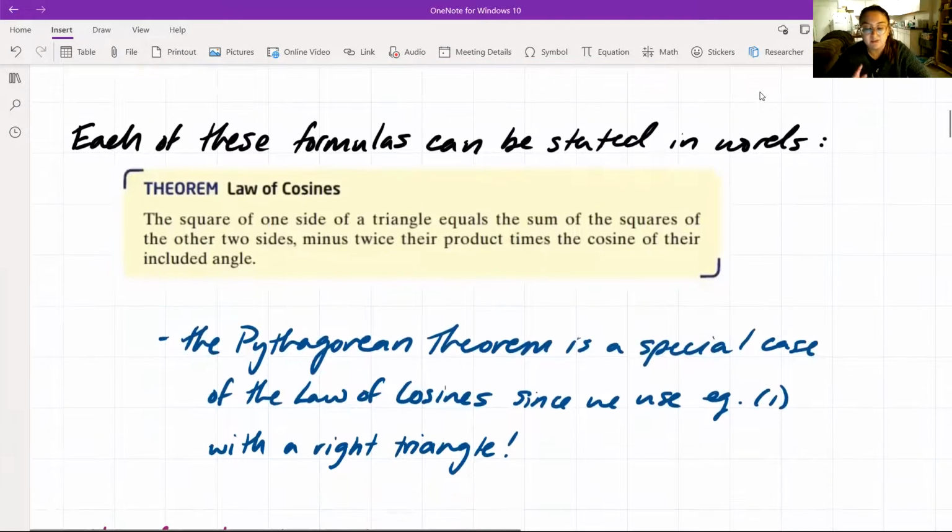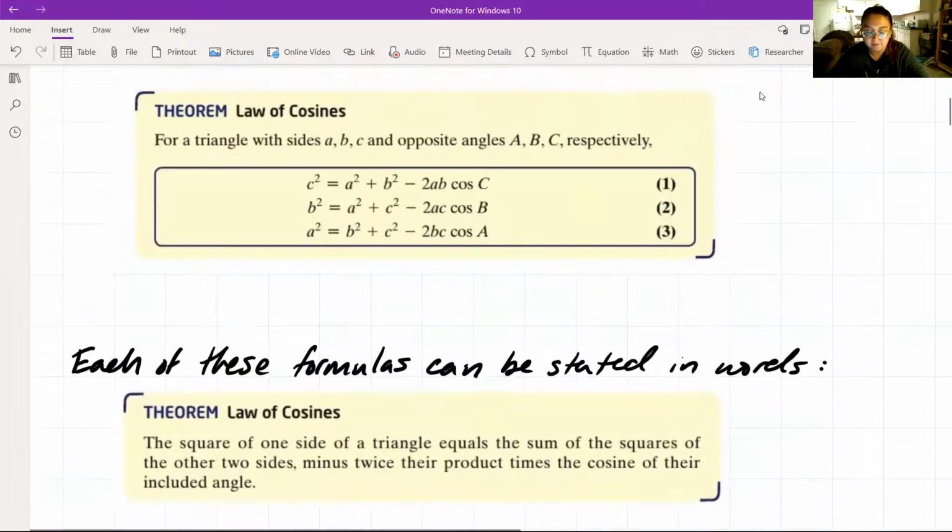Each one of these formulas or equations can also just be stated in words. So if you want to remember that better in words, maybe you can think of it as the square of one side of a triangle equals the sum of the squares of the other two sides minus twice their product times the cosine of their included angle.